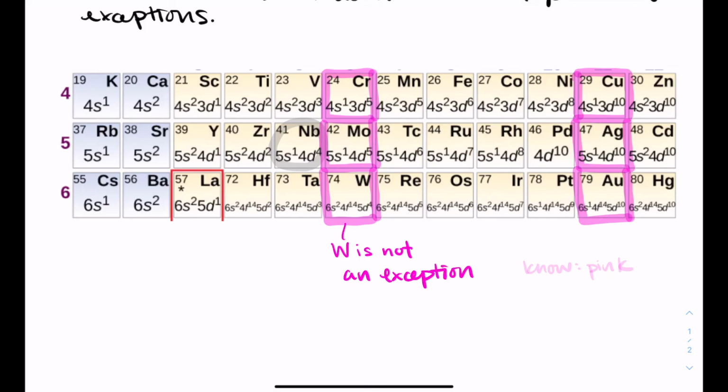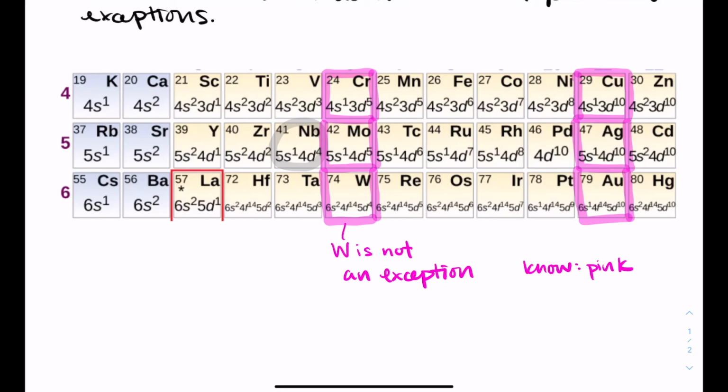So I have to jump out and fill up my F block, which you'll notice the lanthanides and actinides are 14 columns wide. Then I go back to filling up my D electrons. All right, that's gold. The last one that's highlighted, tungsten, is not an exception.